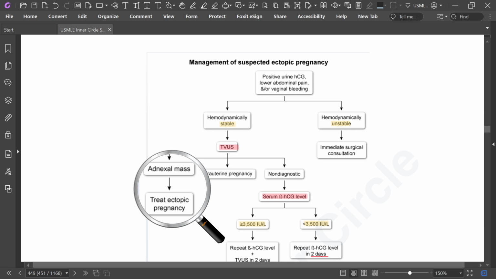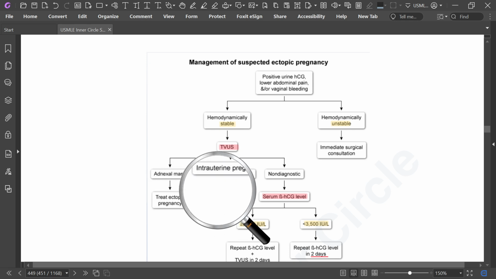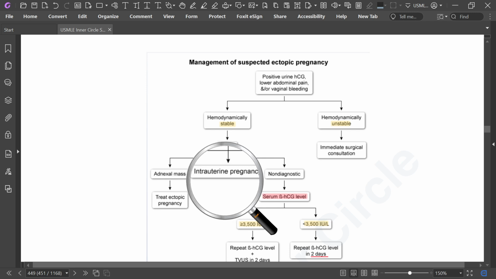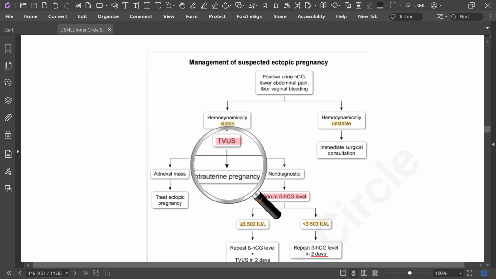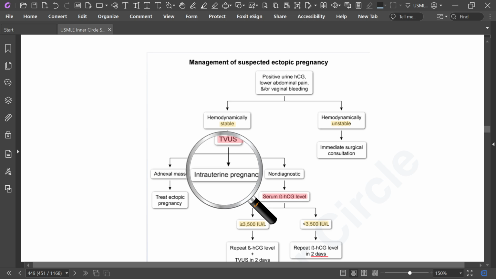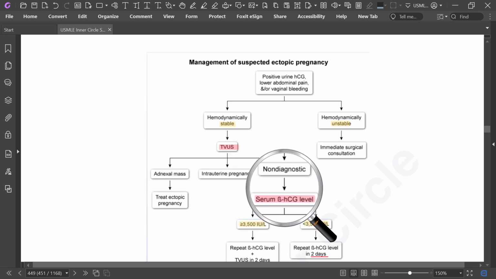If there is an adnexal mass, treat as ectopic pregnancy. It may be an intrauterine pregnancy, or it may be non-diagnostic, so we are unable to reach a conclusion. Then you should do serum beta hCG level.